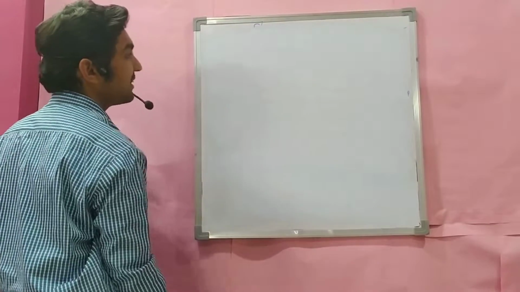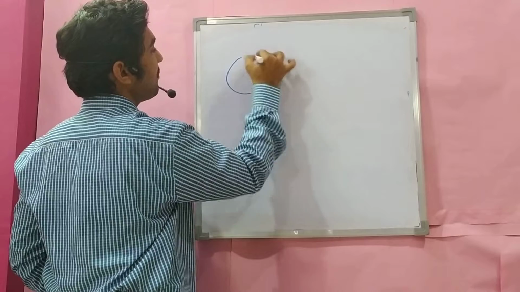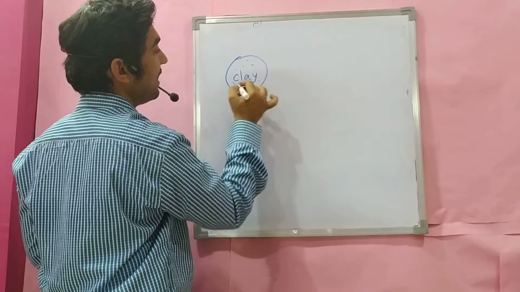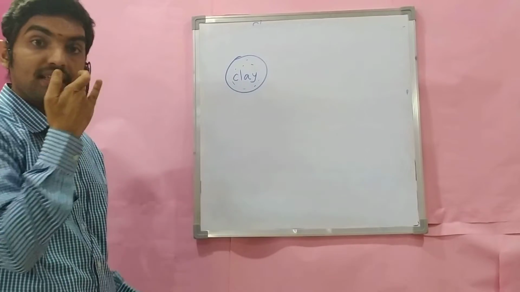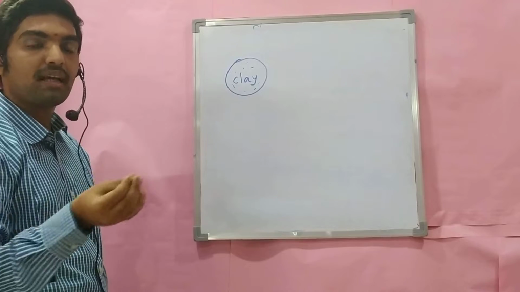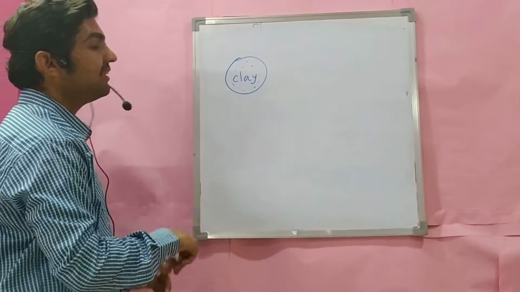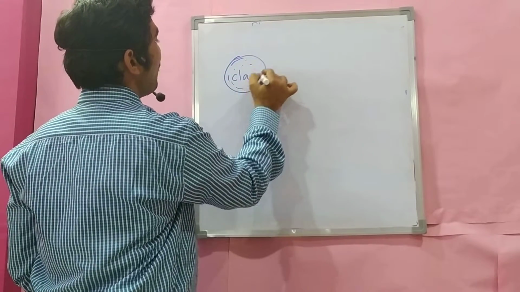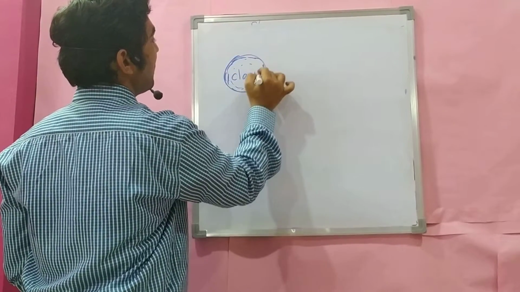This clay has adsorbed water. Suppose this is a clay particle, all the water is present inside the clay. Generally, if you touch clay particles, they are very soft. But when subjected to drying, this clay particle becomes very hard. So this film of water is present in the clay particles.